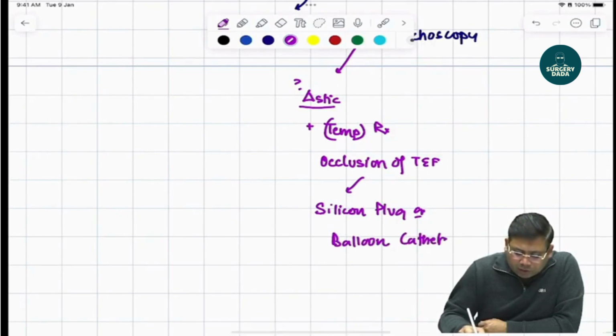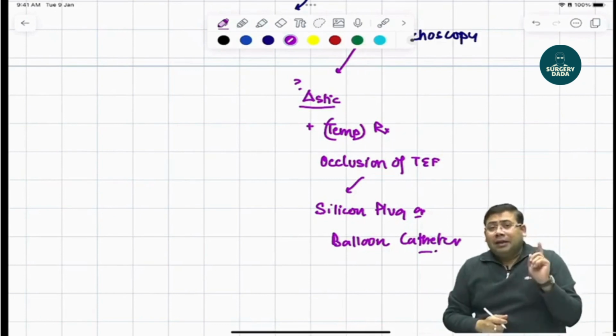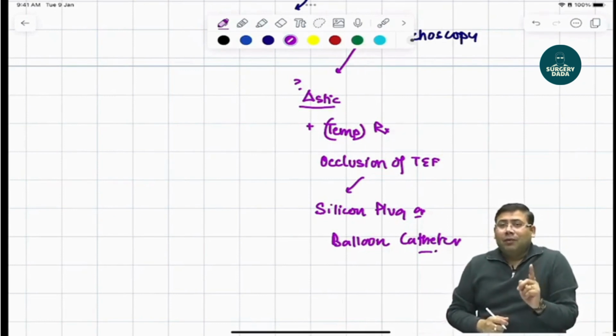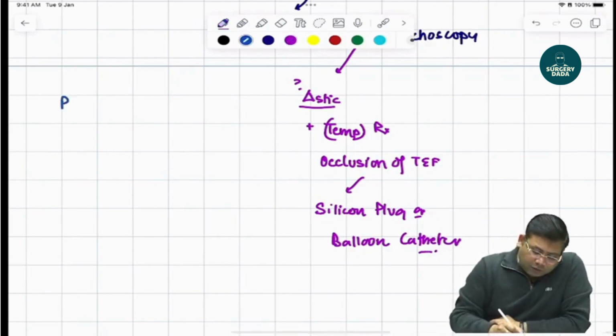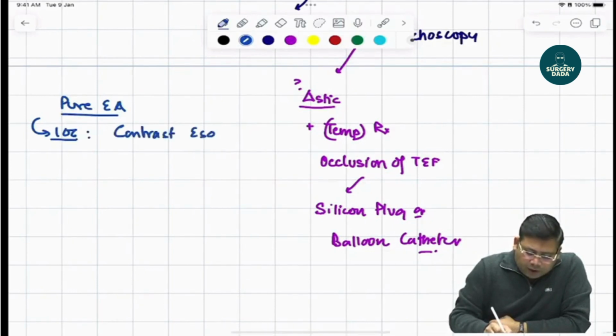These are two important things that you need to understand. Otherwise, contrast esophagogram will be havoc. So for pure esophageal atresia, the investigation of choice is contrast esophagogram. This is very, very, very important.